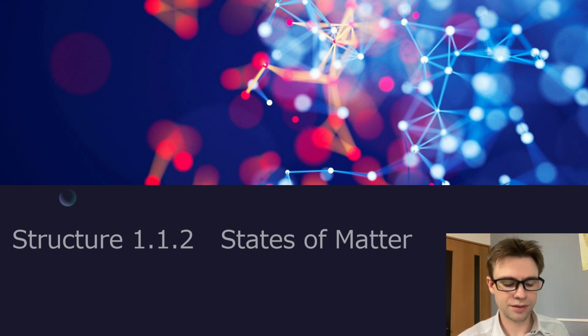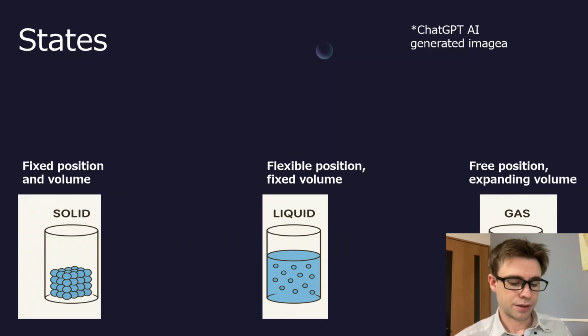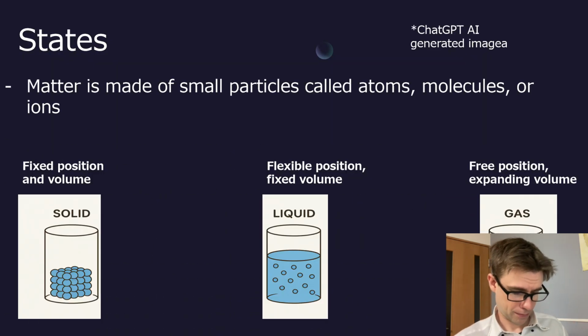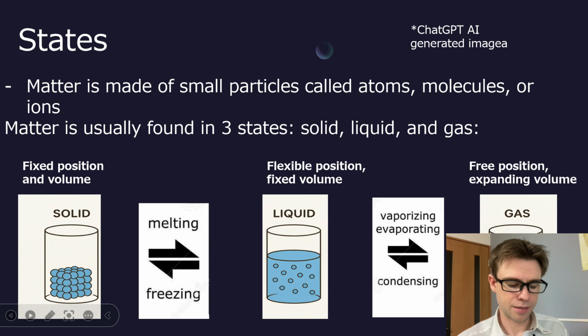So states of matter. Most of you probably think you're quite familiar with this, and you probably are, but you might learn a few things from my lesson today. Matter is made of small particles called atoms, molecules, or ions, and matter is usually found in one of three states: solid, liquid, or gas.